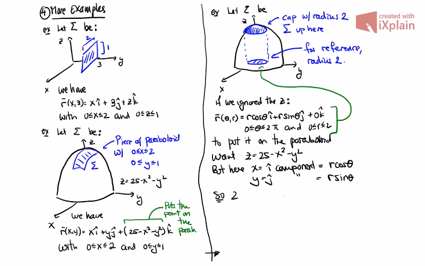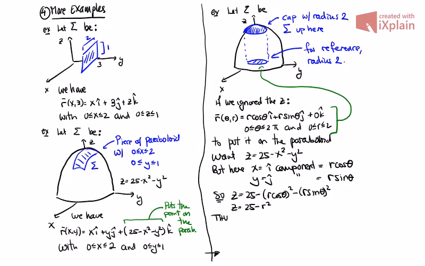So z is 25 minus x squared minus y squared, but that's minus r cosine theta squared minus r sine theta squared. Another way of thinking about it is x squared plus y squared is r squared. So this turns out to be 25 minus r squared.